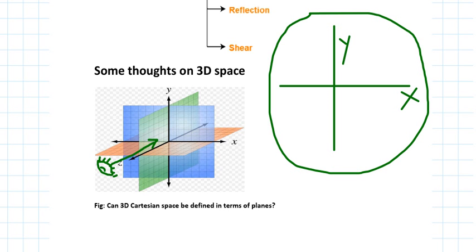Now come back to our previous discussion. I must digress. If you look at this green rectangle, it can be defined in terms of the vertical y-axis and the z-axis, which is pointing towards the viewer.